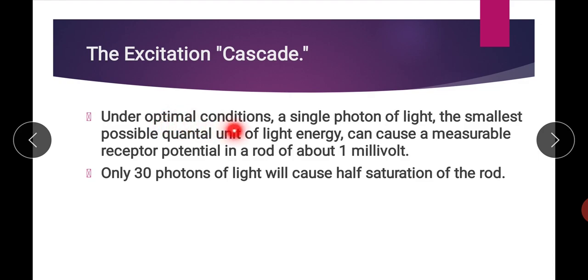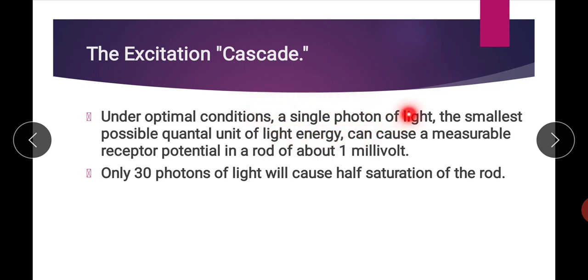Under optimal conditions, a single photon of light, the smallest possible quantal unit of light energy, can cause a measurable receptor potential in a rod of about 1 millivolt. So the receptor potential can change by up to 1 millivolt with the help of only a single photon.